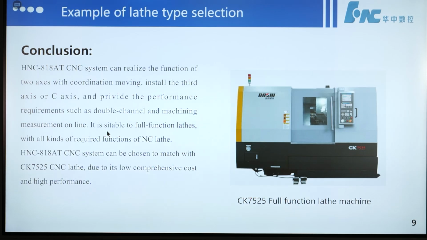HNC-818 AT CNC system can be chosen to match the CK-7525 CNC laser due to its low comprehensive cost and high performance. So, for the CK-7525 full-function laser machine, we choose the HNC-818 AT CNC system.